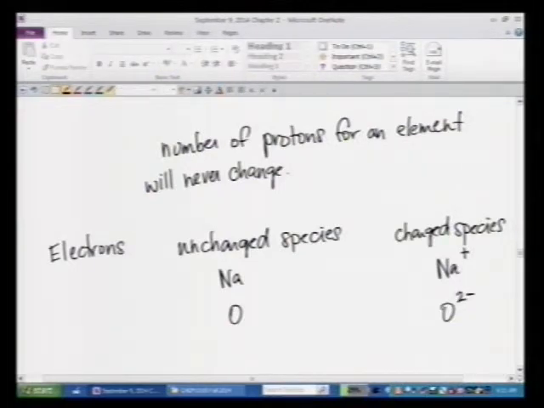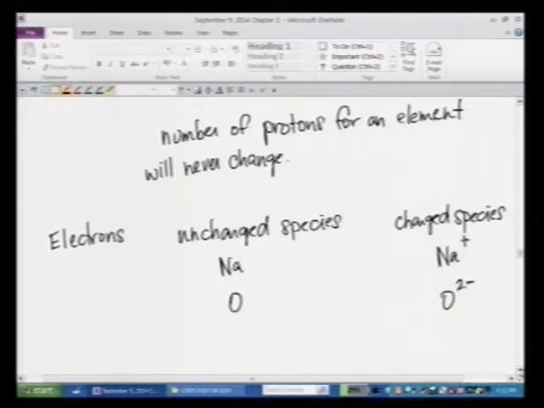So you have the uncharged species and you have a charged species. A charge can either be positive or negative. The charge is changing the number of electrons that element has. So we're changing the number of the subatomic particle of the electron, because the electron carries a negative charge. We're not changing the mass, because the mass for our purposes is 0 mass, but we're changing the charge on that atom.